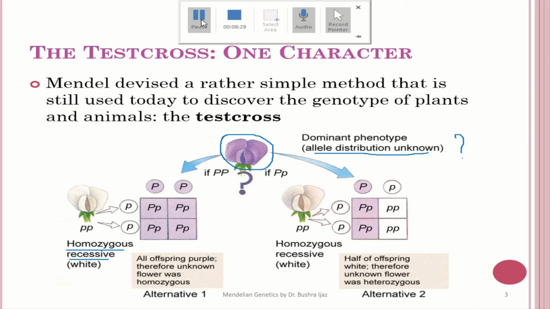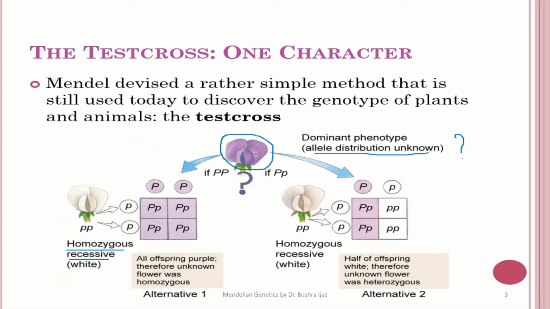And apart from that, these test crosses explain how we can type the genome or allele distribution of the unknown allelic combinations of the plants.